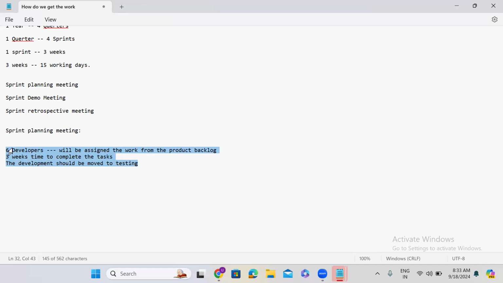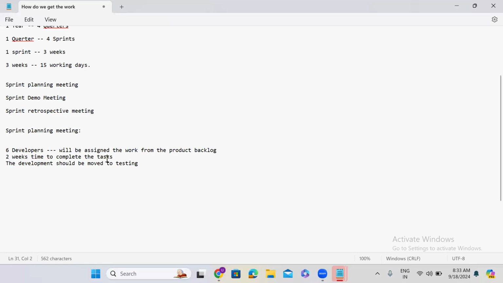So once the development is completed, guys, remember, you have 3 weeks time, right? That means you have to complete the work in 2 weeks only. In the third week, testing should happen.